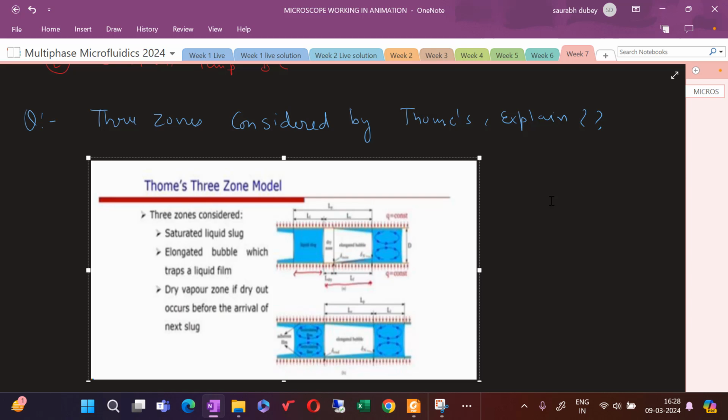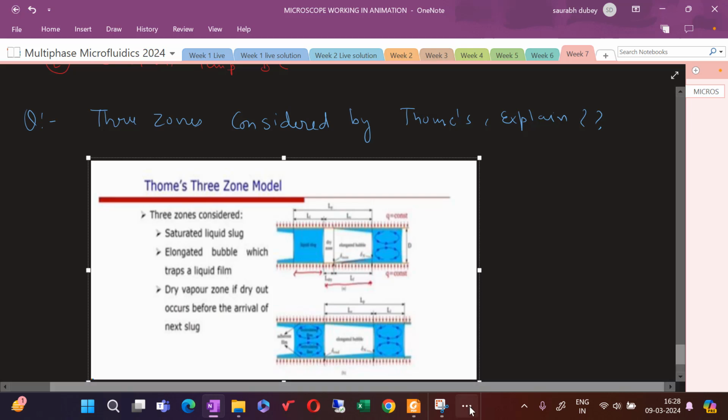So there is a liquid slug and there is an elongated bubble that traps the liquid film. This liquid film is trapped between the wall and the elongated bubble. There is saturated liquid slug there.